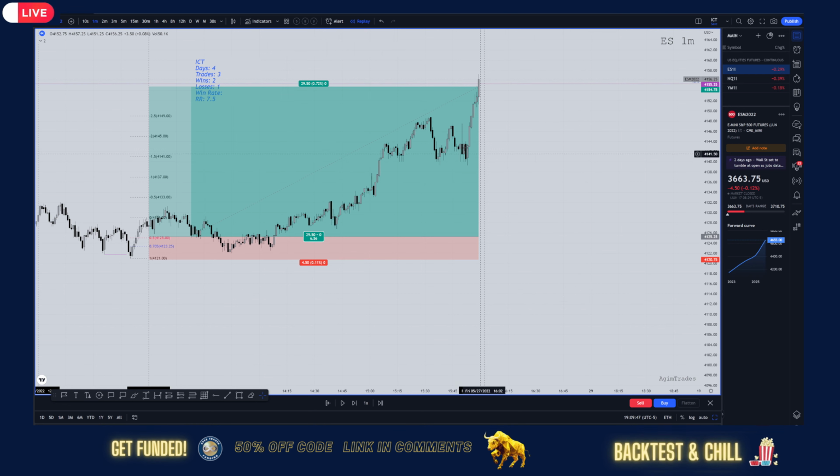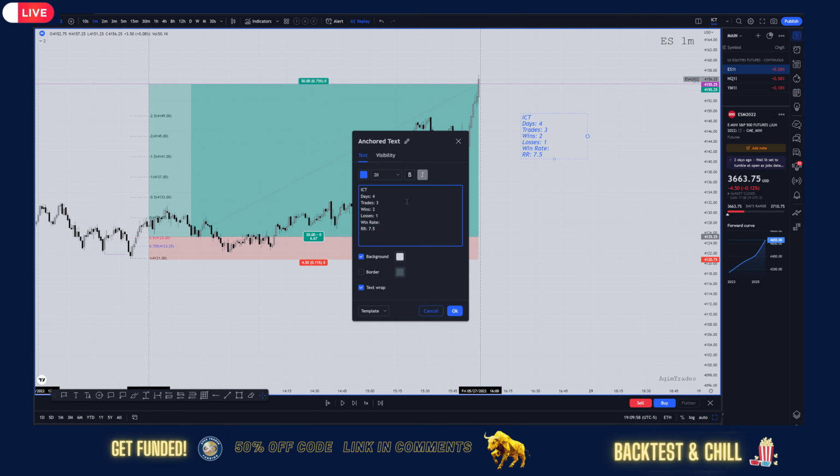So that is, oh, I didn't even move my thing there. That is 6.67R. So what a great week. What an awesome week. So 5 days, 1 week, 4 trades, 3 wins. And then that last trade, wow.